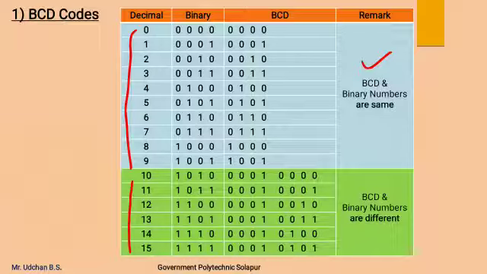This is because in BCD each digit is represented by a 4-bit binary number. Now we can see this in the next slide.